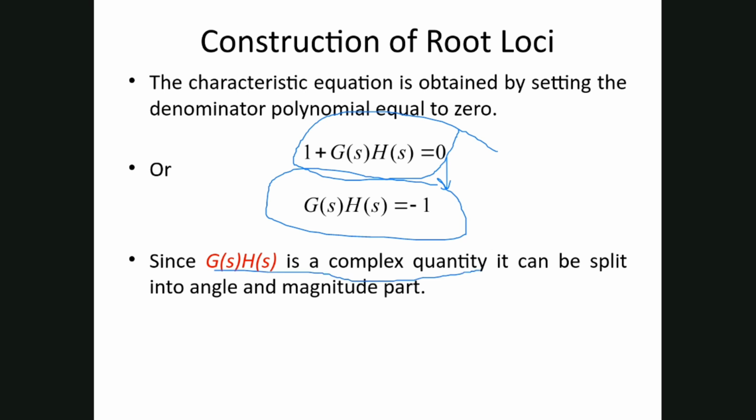So I'm going to break this term into 2 parts: one is the magnitude, the other is the angle. If you remember the polar form of complex numbers, we have 2 forms, rectangular and polar, and in polar we have a magnitude with some angle. The same thing I'm going to do for this equation.